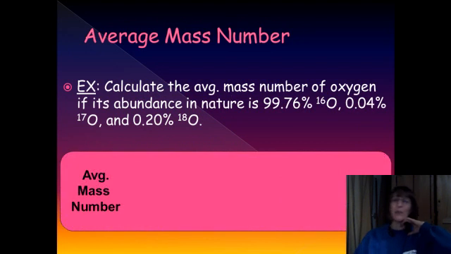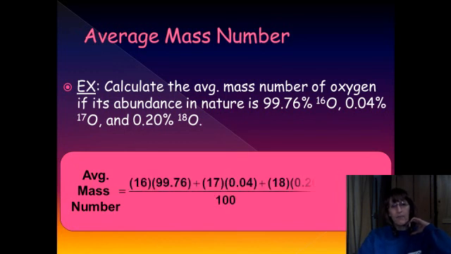Okay, so calculate the average mass number of oxygen if its abundance in nature is 99.76% O16, 0.04% O17, and 0.2% O18. So the first one is oxygen 16, the mass is 16, and the percent abundance is 99.76, plus the next one is oxygen 17, and its percent abundance is 0.04.